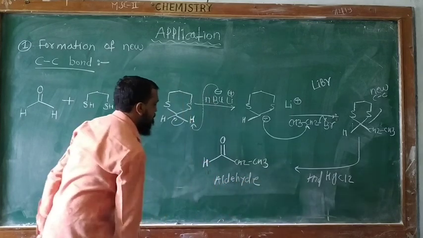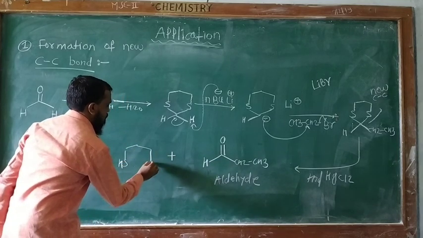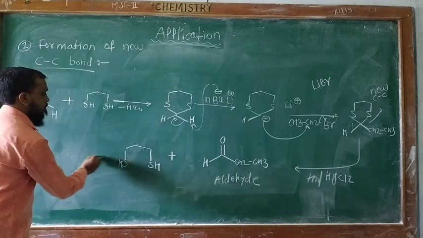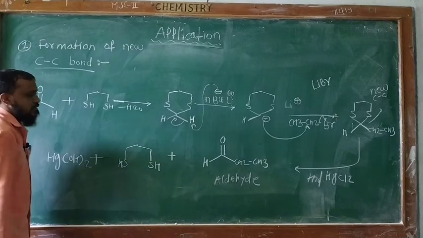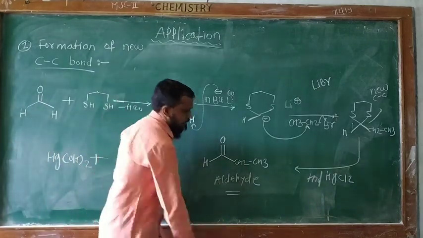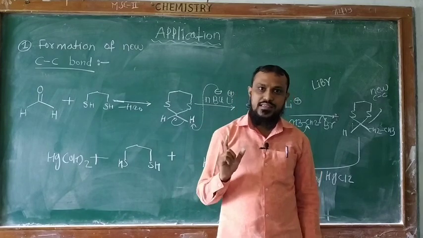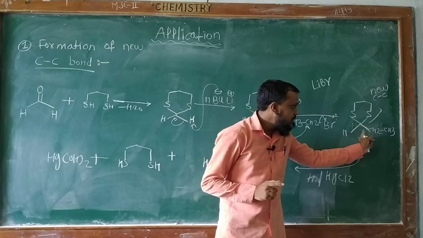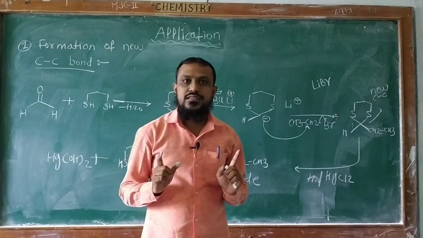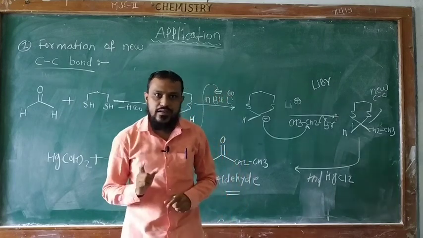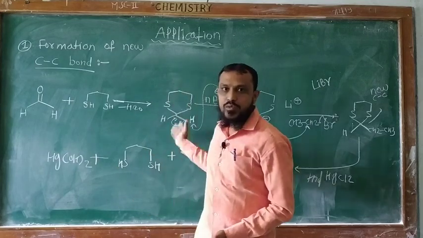The byproduct is 1,3-dithiol plus Hg(OH)2. So this is our final product, aldehyde. Basically the main point here is to form a new C-C bond. A new carbon-carbon bond is generated. So this is the first application of the Umpolung concept by the use of the 1,3-dithiane Umpolung reagent.